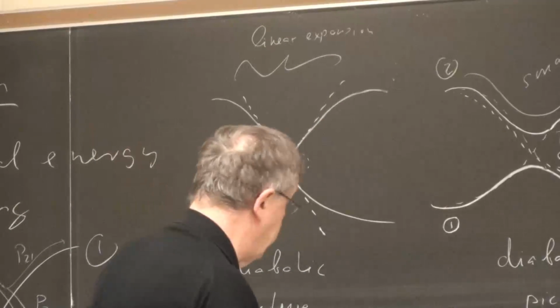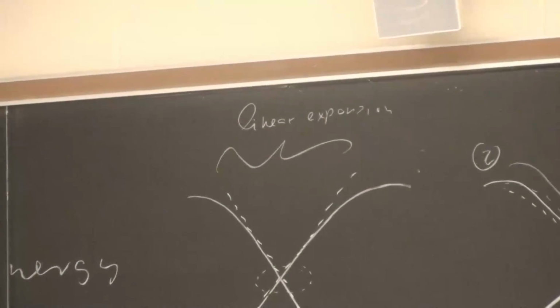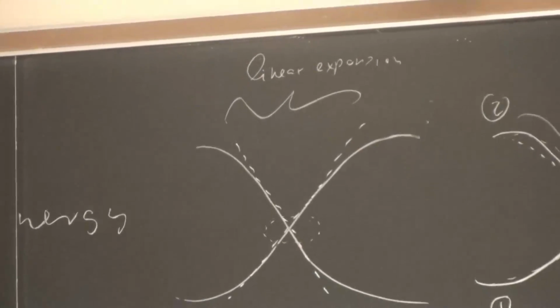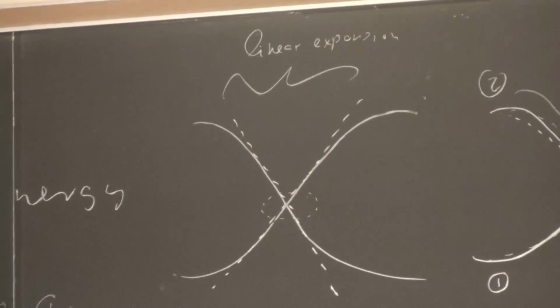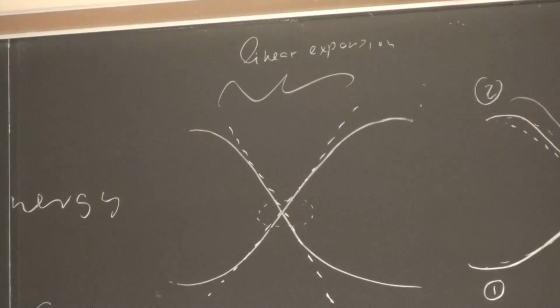And so now in our picture we have two states, and one state is V1 tilde, or maybe I just write it like this.